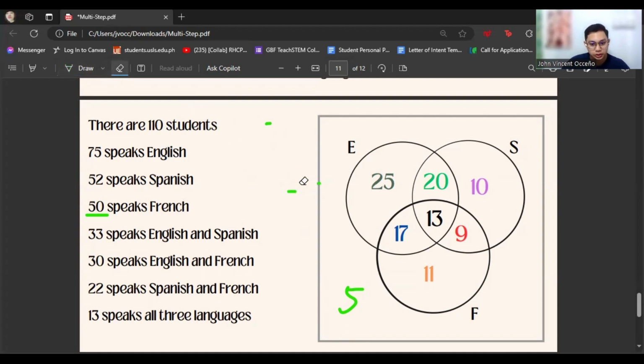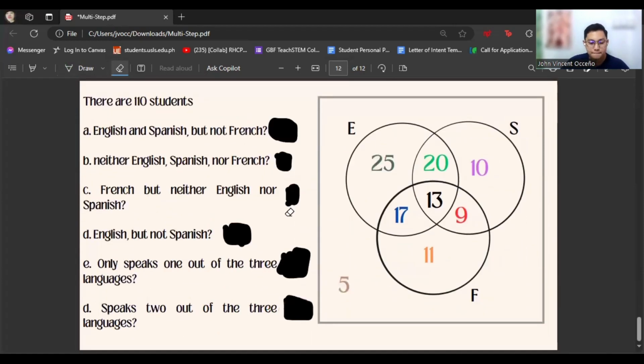Now let us move on to the questions since we have already completed our Venn diagram. For letter A, students who speak English and Spanish, but not French. What we do here is find the intersection for only English and Spanish.